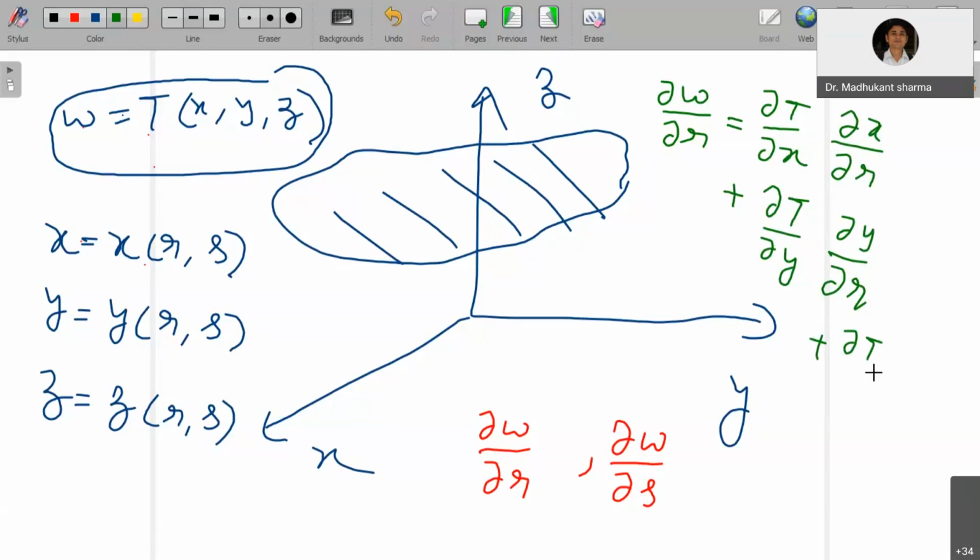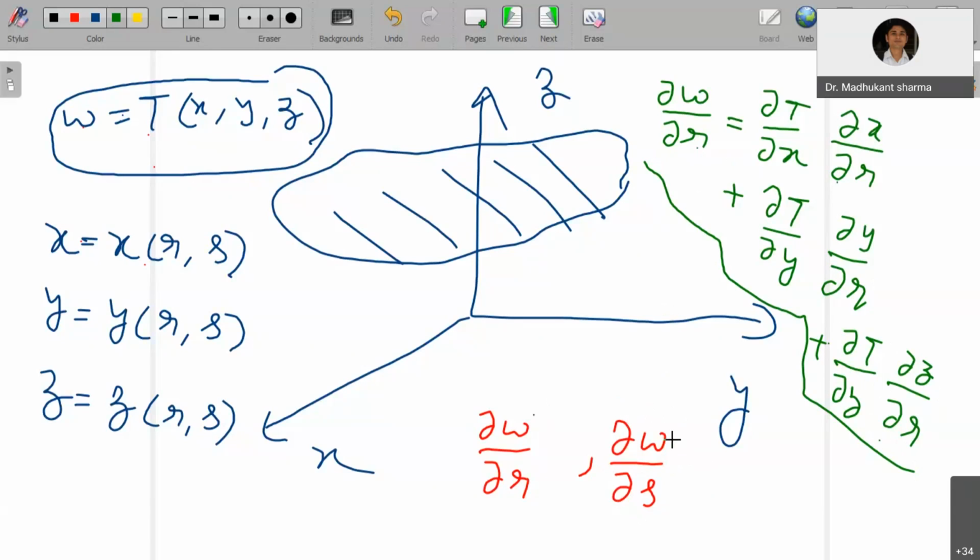Similarly, T with respect to z, and then z with respect to r. So this will be the corresponding rate of change. Similarly, for dou w by dou s, if you just replace r by s here, you will get that formula.